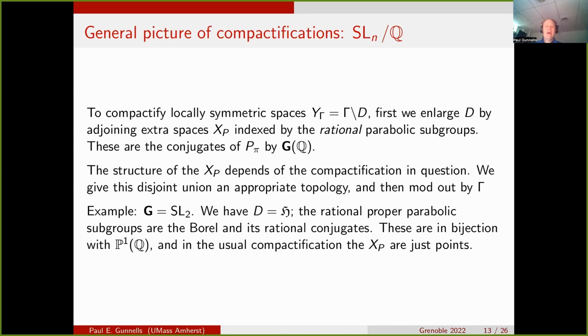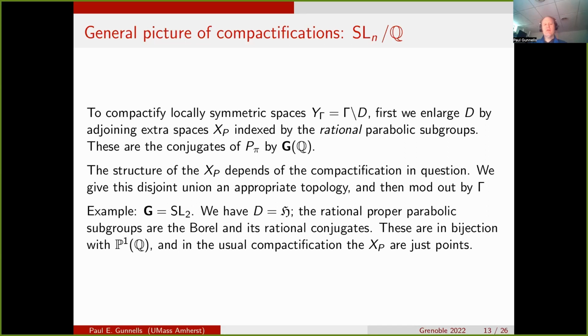If you take the upper half plane, the proper parabolic subgroups correspond to the Borel subgroup and conjugates of that. And we know that when we want to compactify the modular curve, we only add the rational points at infinity to the upper half plane. In other words, we add P1 of Q. We don't add P1 of R. The reason is that if we add P1 of R, we're going to get something very bizarre when we try to divide by the action of gamma.